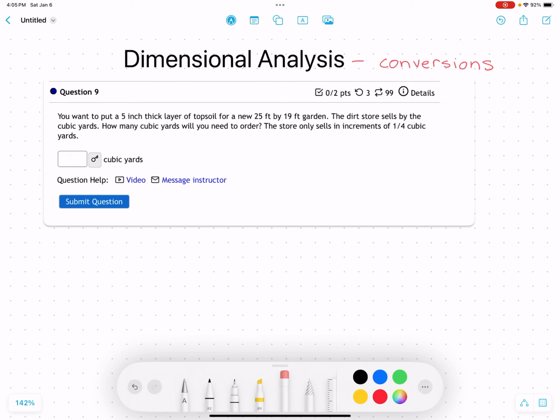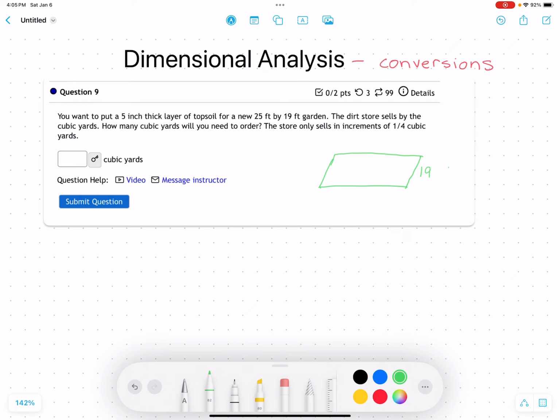It says we want to put a 5-inch layer of topsoil on a garden, and the garden is 19 feet by 25 feet. So basically, it's asking how much topsoil we're going to need.